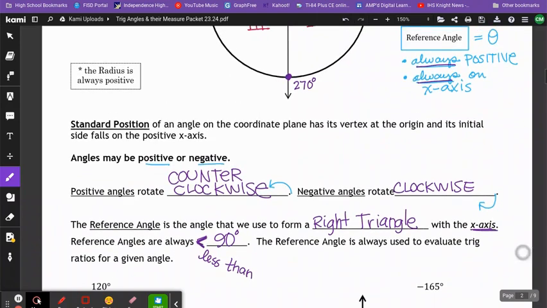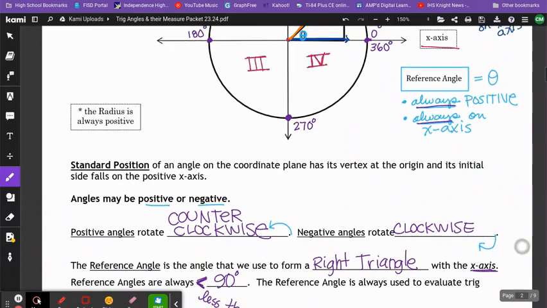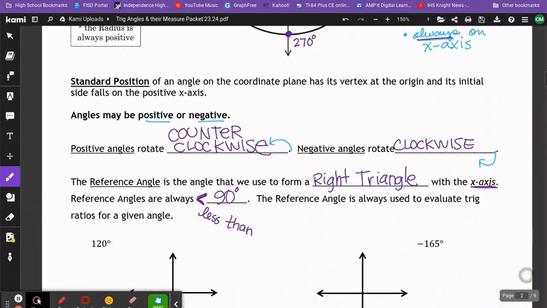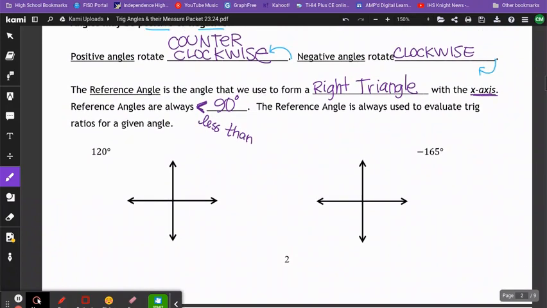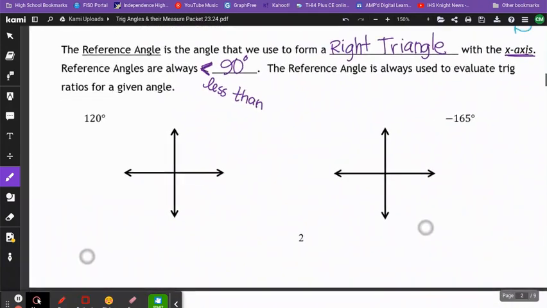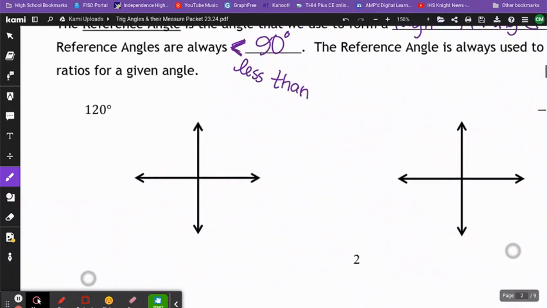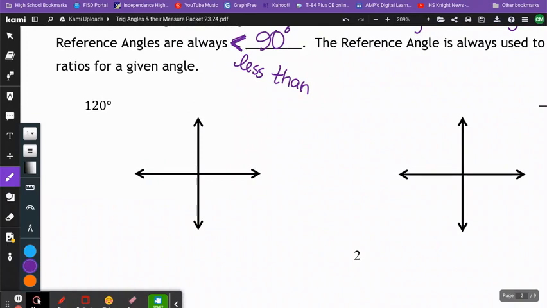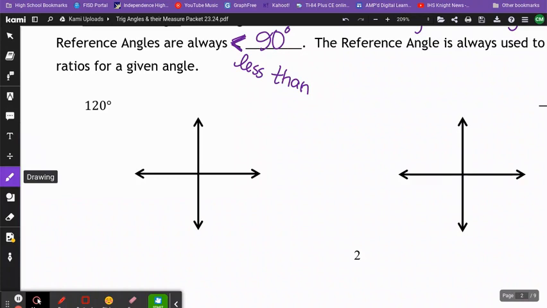So when I mark the rotation, I'm going to move around the circle in whatever direction I'm given. Positive would be counterclockwise, negative would be clockwise. So let's take a look at how we draw an angle. If I'm given this example here, 120 degrees, I want to draw an angle that measures 120 degrees. So I don't mean go grab a protractor and try to measure it out. We're using our XY coordinate grid.